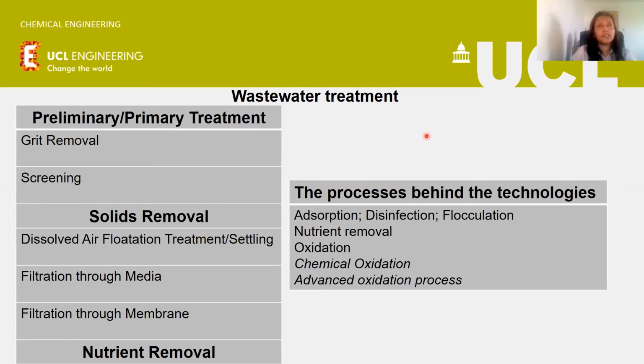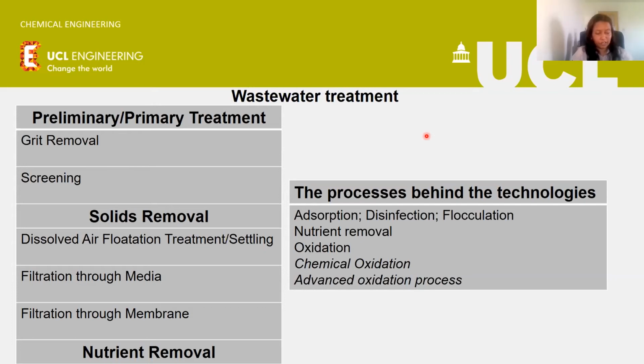In some plants, they use a rotor so that you get rid of big particles that can block your pipelines later on. You have solid removal that uses a media, it could be a cloth media, then filtration through membranes, and then dissolved air flotation treatment. So there are different treatment methods to remove the impurities and contaminants that are present.